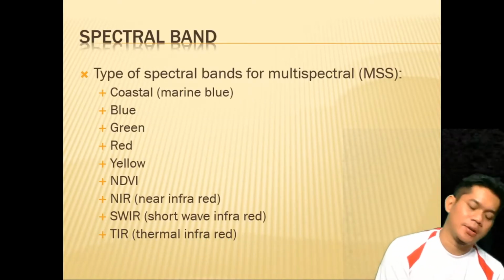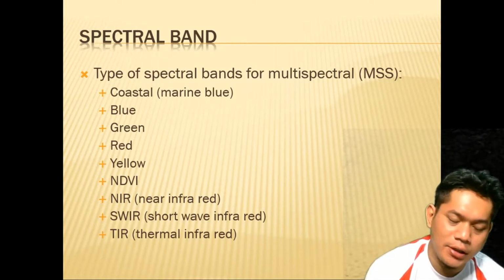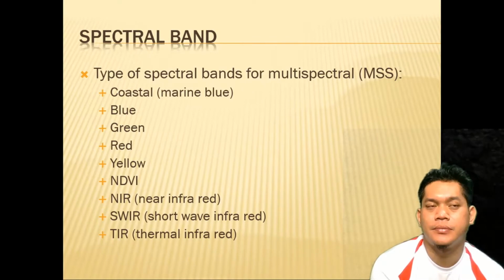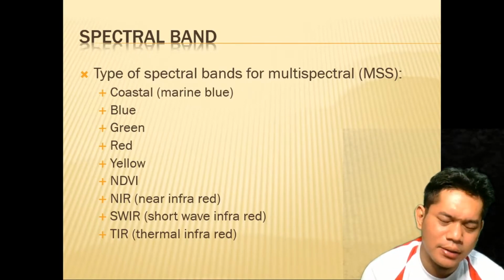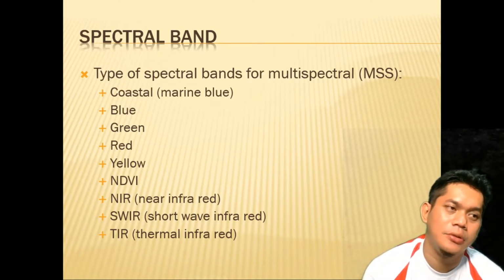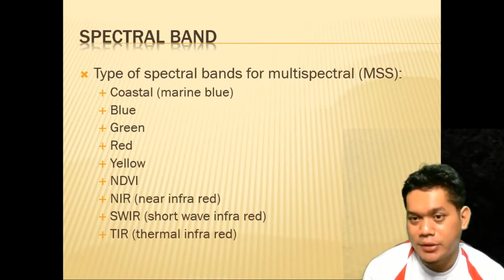Okay, the first one we look into is the settings or the properties of the satellite data. And the famous satellite data that we use for environment monitoring is the multispectral data.